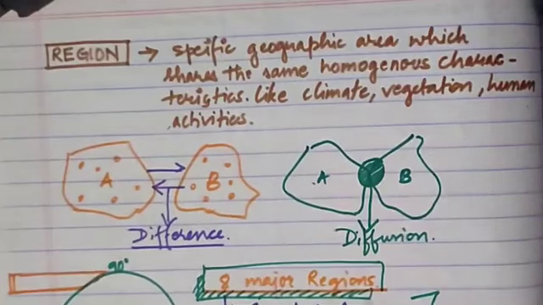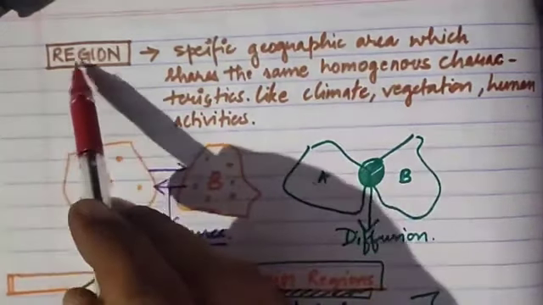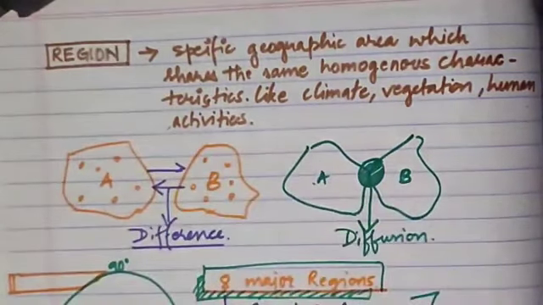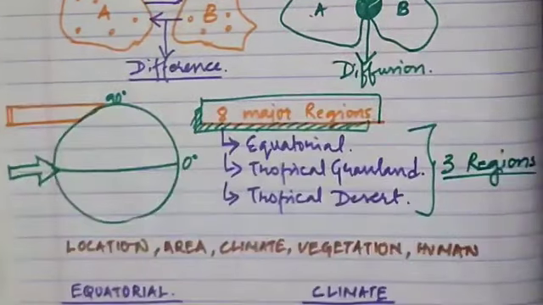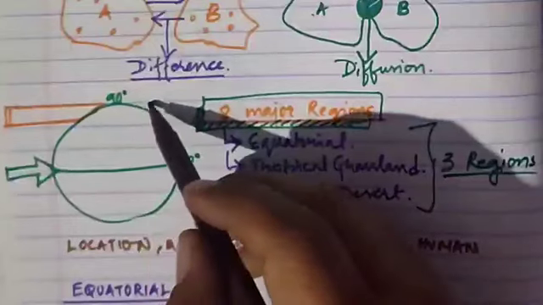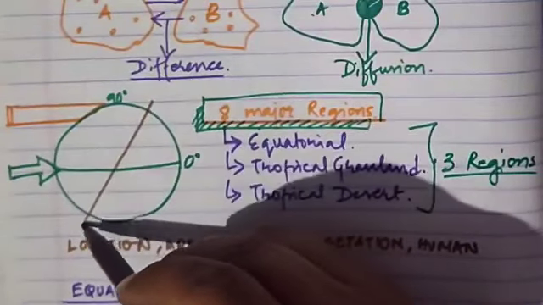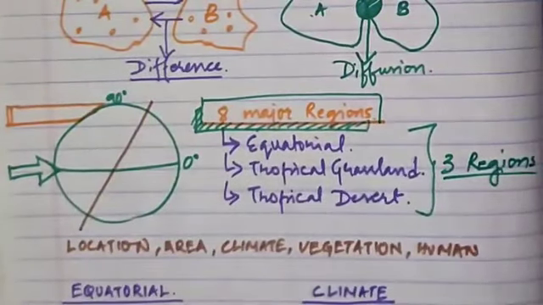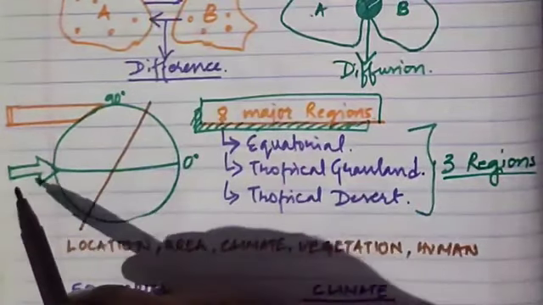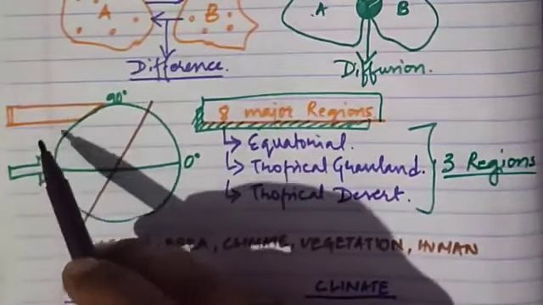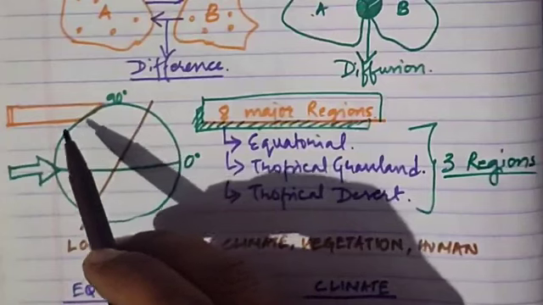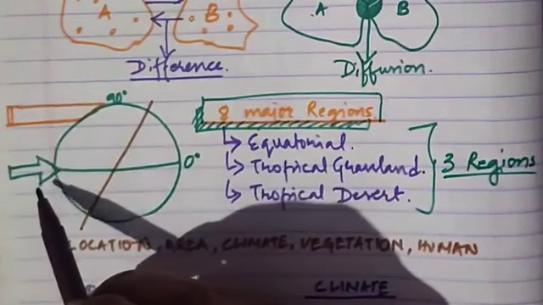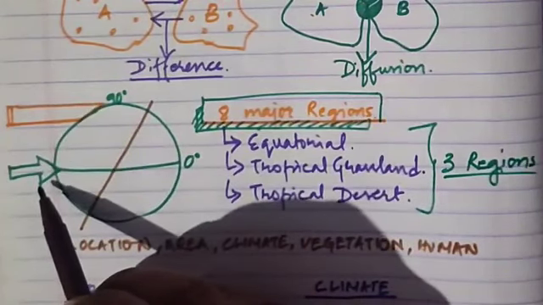Now why do we have different types of regions on the earth's surface? For that it's very simple: it is due to the angle or the inclination of the earth's axis. Another one is the rays which the earth's surface receives. The equatorial areas receive the direct rays of the sun.